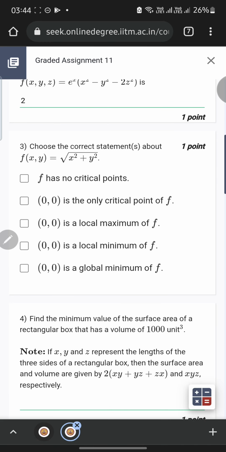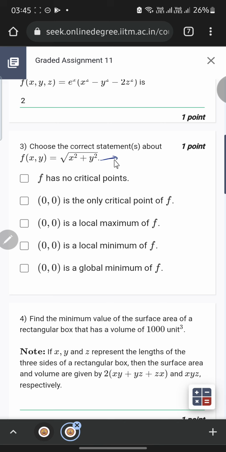Now here, choose the correct statement from the following. Okay, so we can do this graphically and algebraically. Basically, if we start with an algebra sum, right? We already know that this term here, this is like a modulus type, right?